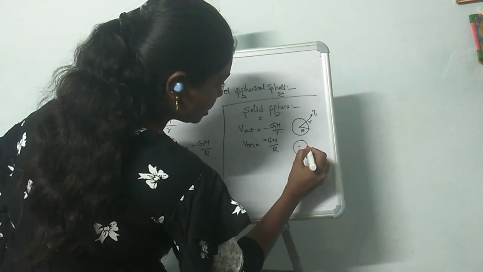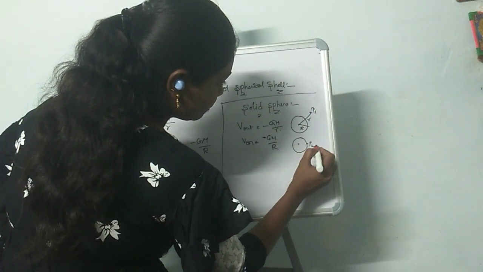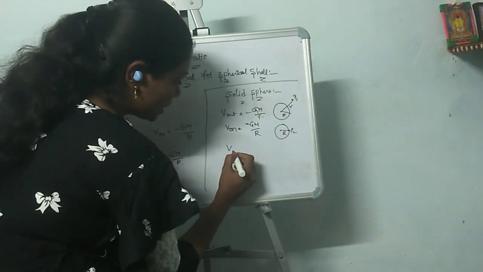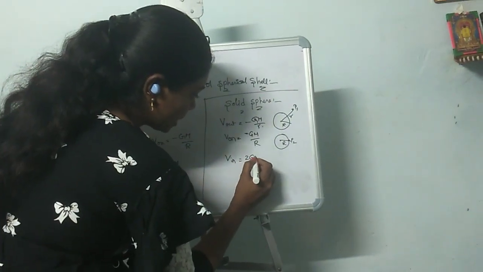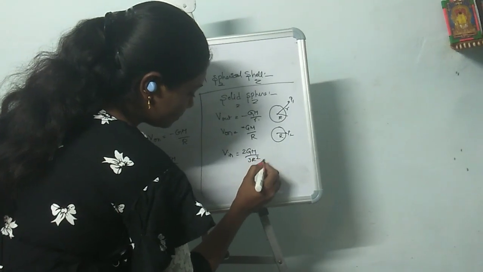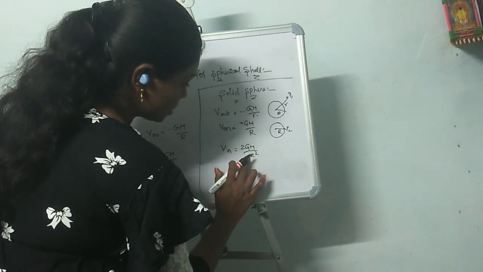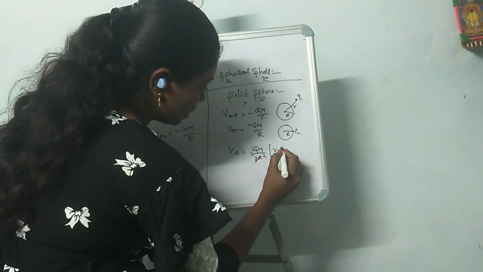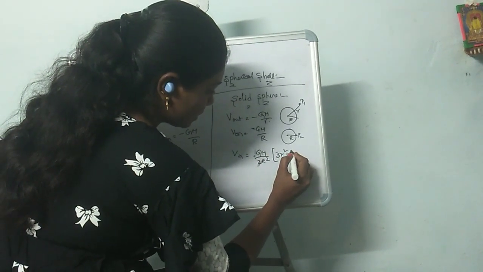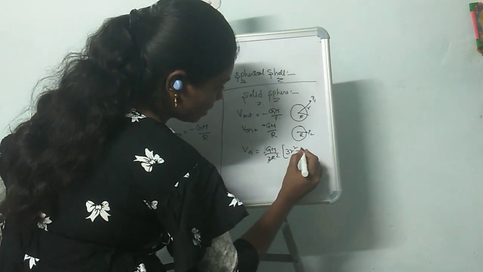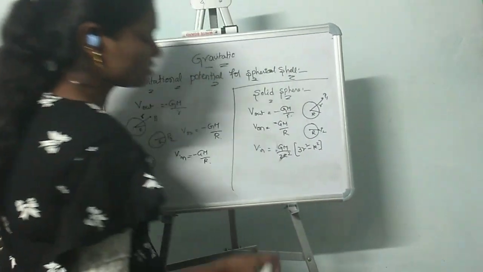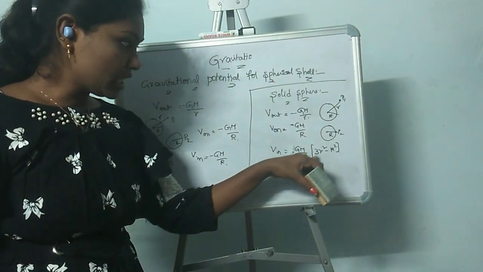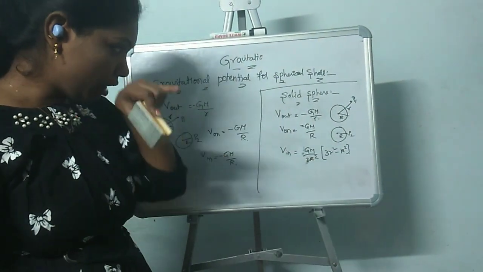Point P2 is on the surface, at radius capital R, and it is minus Gm by R. V inside is Gm by 2R cube into 3R square minus r square.